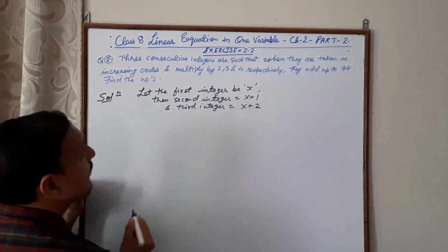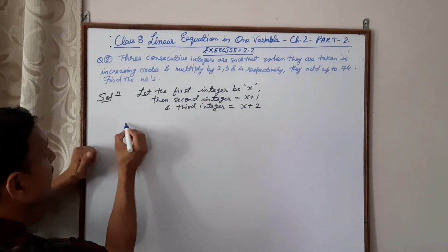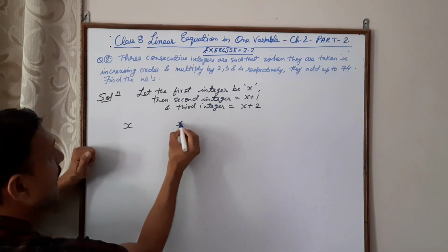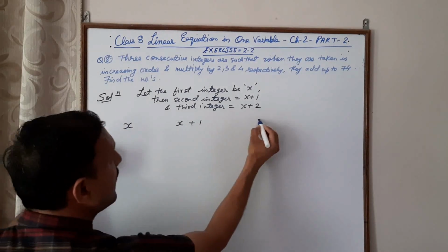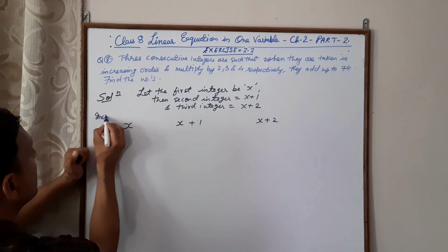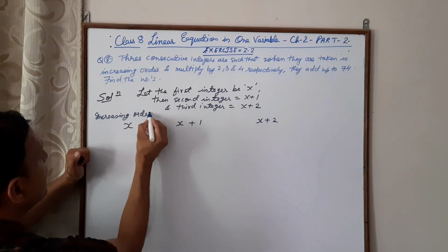Now when they are taken in increasing order, smaller to larger, let's arrange them in increasing order: x, x plus 1, x plus 2.